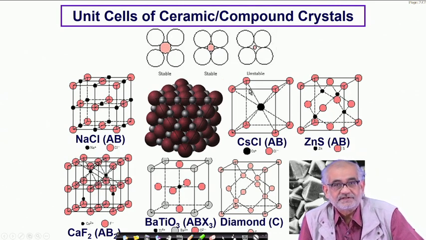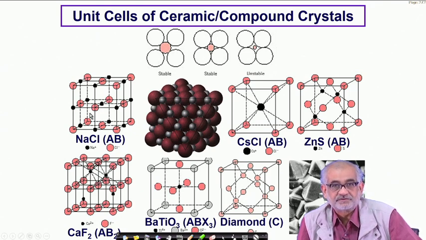I was talking already about the possibility where we can have dissimilar species, not just elemental but compound crystals. Here is an example: sodium chloride. These pink ones are the anions, the chlorine, and the smaller dots are the cations, sodium. If you go into the details of this structure, one can easily explain that this is nothing but an FCC unit cell.